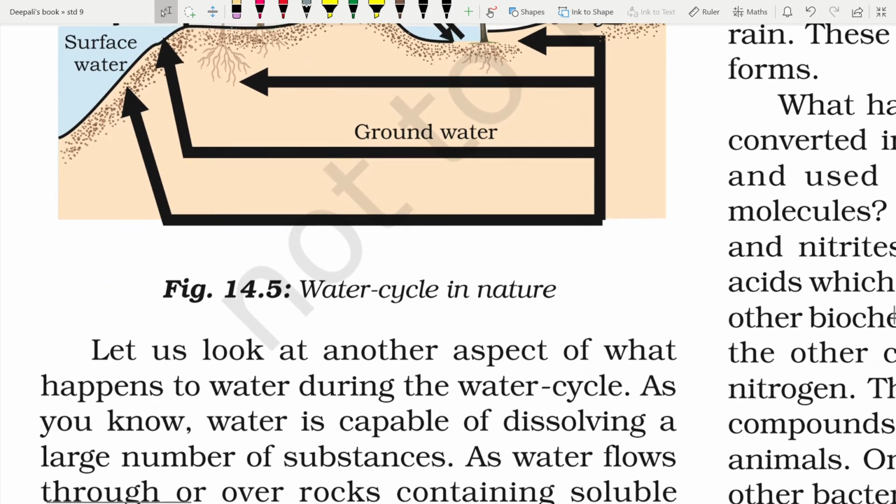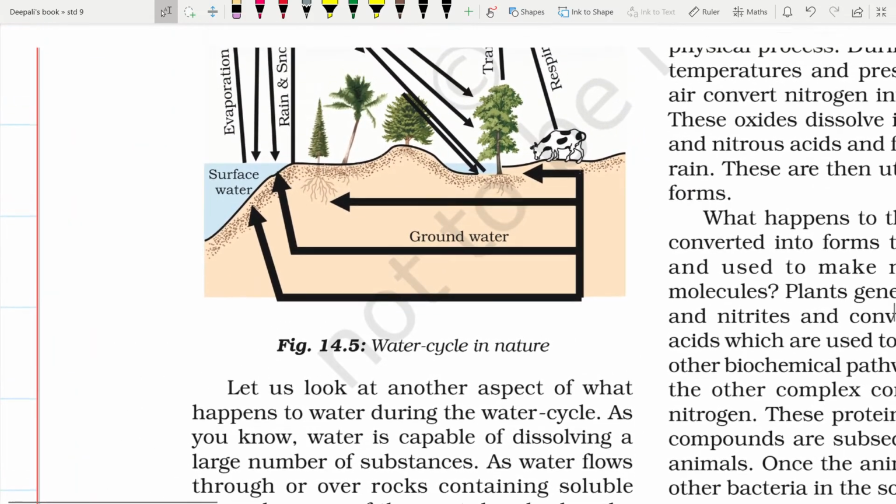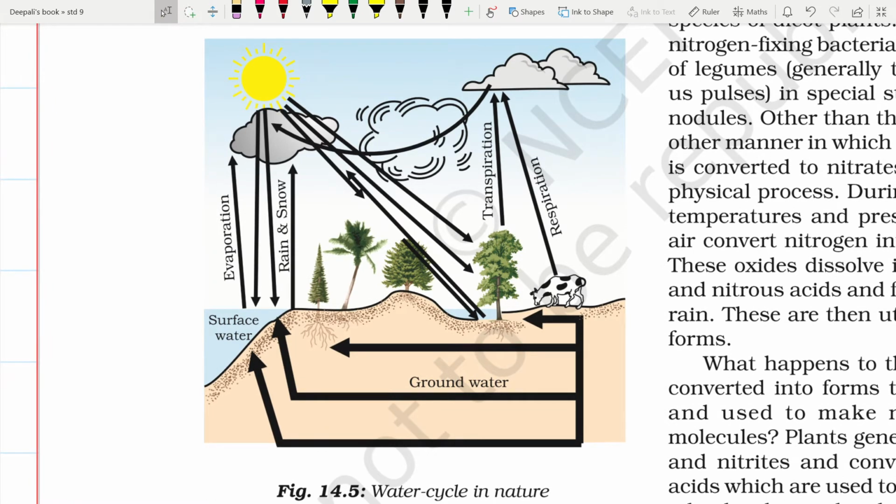Let us look at another aspect of what happens to water during the water cycle. Now the diagram here shows the water cycle. You can say the sun is the source of heat. The sun heats the various sources of water, that is, the lakes, rivers, or wherever water is available, even in the process of transpiration.